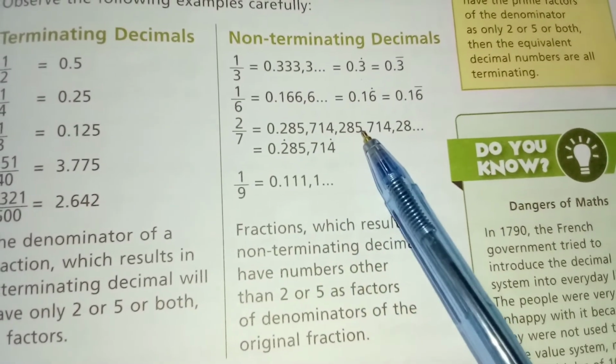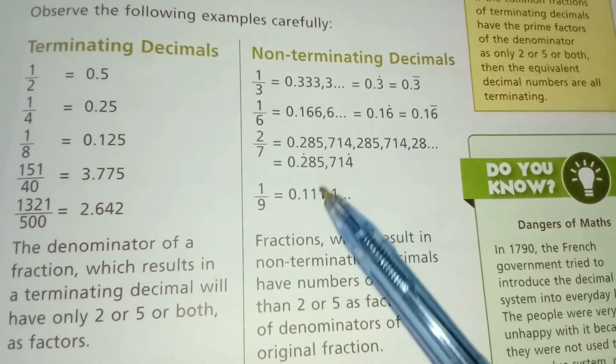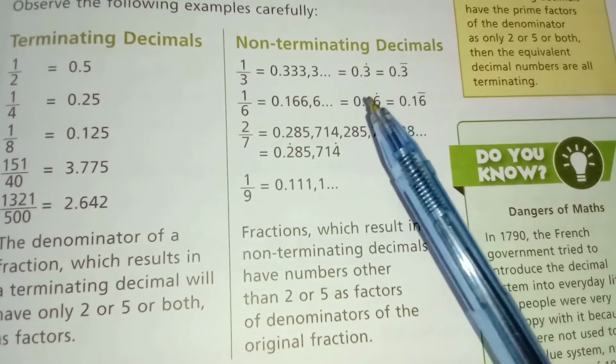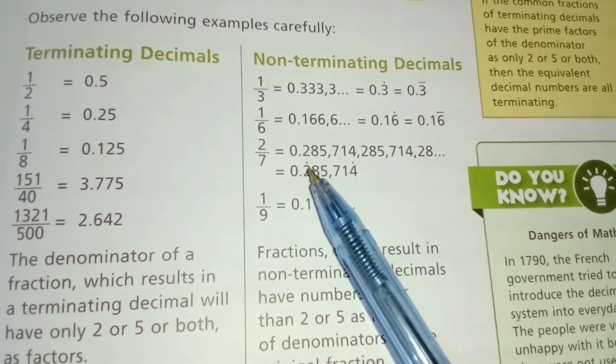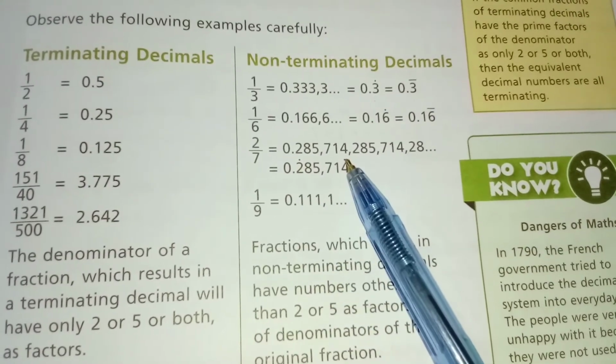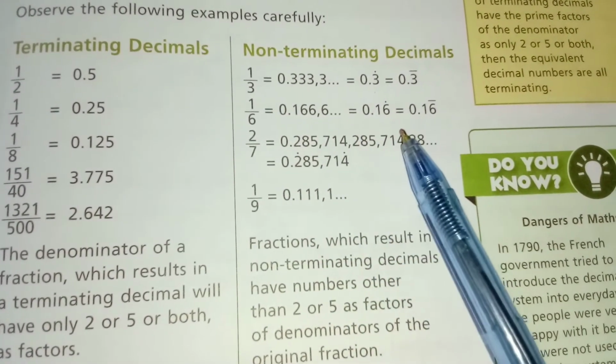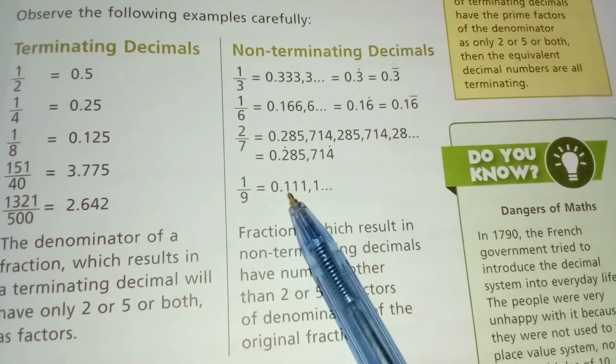0.285714, 285714, 285714. It means 285714 खुद को बार बार रिपीट कर रहा है. तो आपने वो डिजिट जो बार बार रिपीट कर रहा है उसके शुरू वाले डिजिट पे एक डॉट लगाना है और लास्ट वाले डिजिट पे एक डॉट लगाना है. तो पता चल जाएगा कि यहाँ से लेकर यहाँ तक जो नंबर है वो खुद को बार बार रिपीट कर रहा है. 1/9 is equal to 0.111.